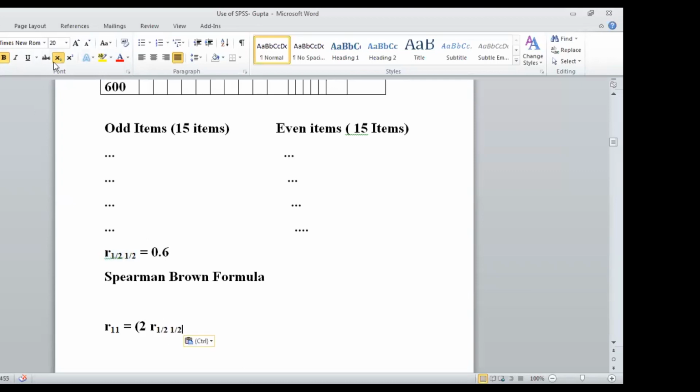Why? Because if you multiply half by 2, it is the 1. So this is the 1 that you have to have.